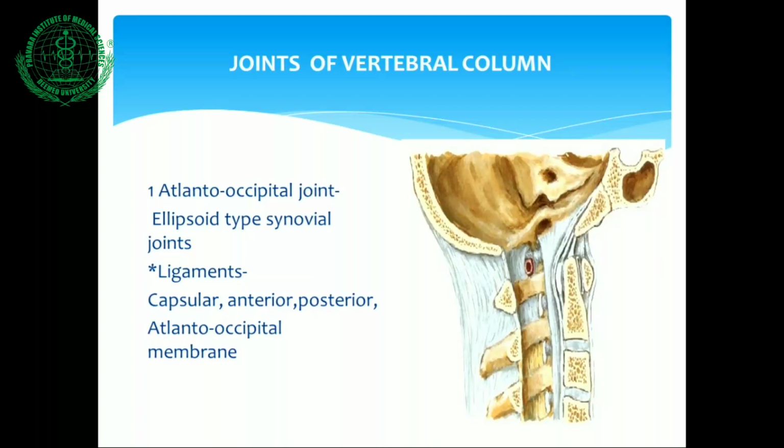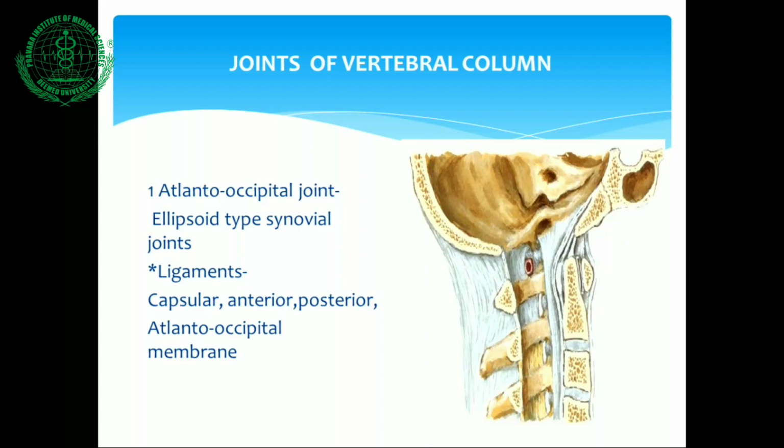These are the different joints which are present in the vertebral column. Here, first about the atlanto-occipital joint.